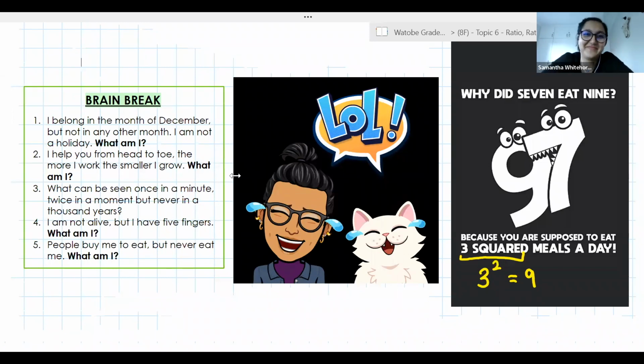I help you from head to toe. The more I work, the smaller I grow. What am I? Nice, I think Mandla is the first person to get this one. Well done, Jamela. Yes, anyone who said soap, well done.